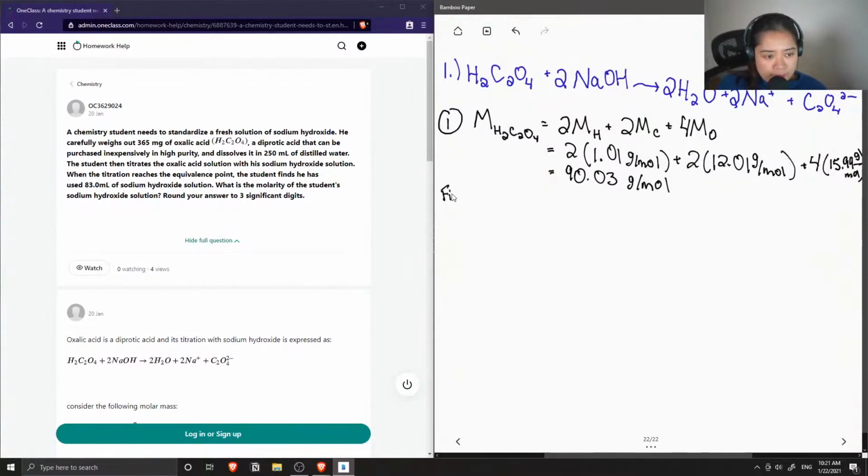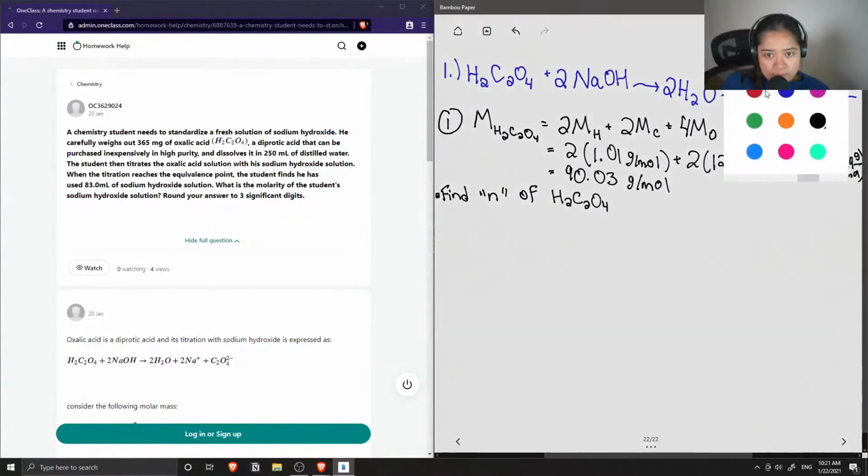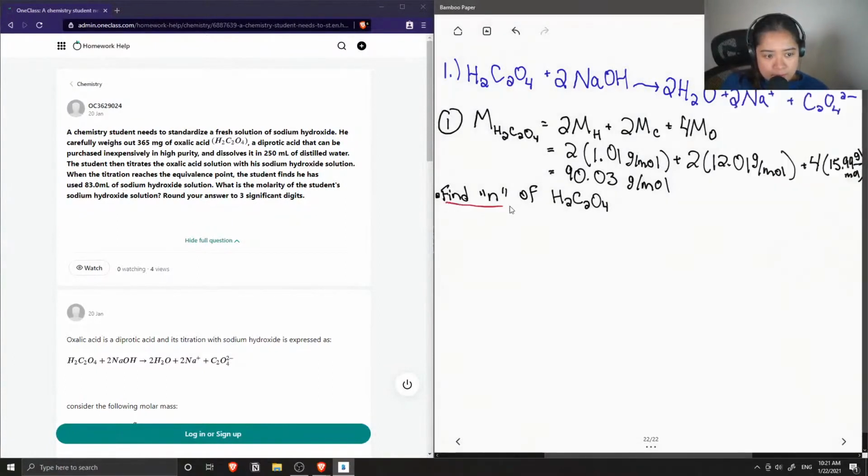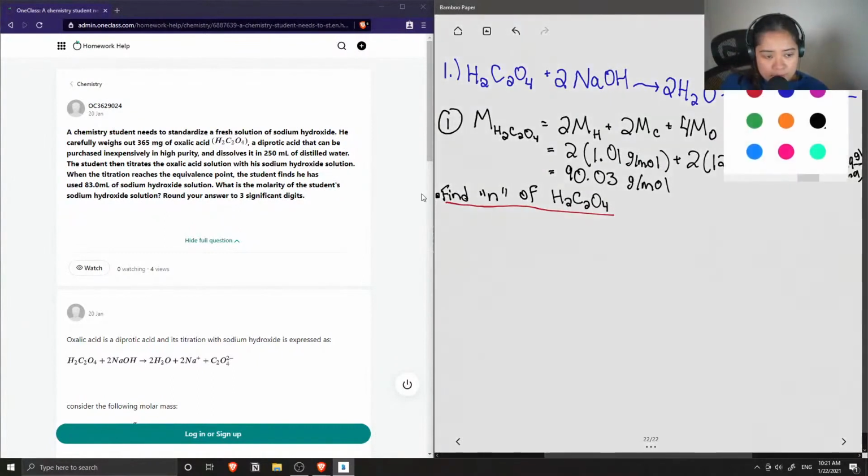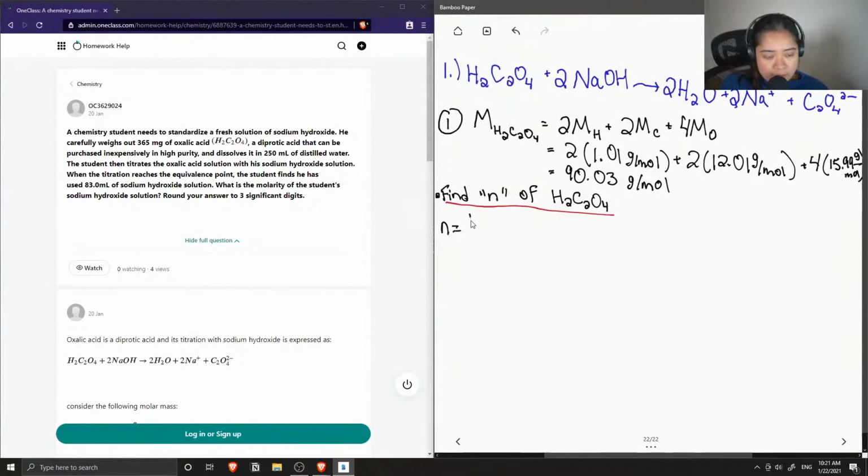So now we just have to find the number of moles of oxalic acid. Number of moles can be found by dividing mass over molar mass.